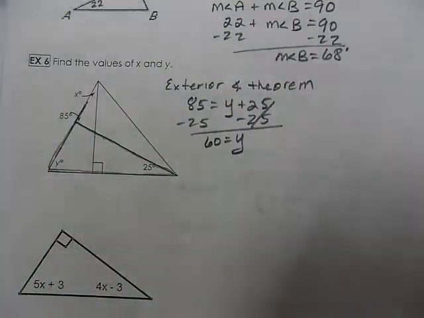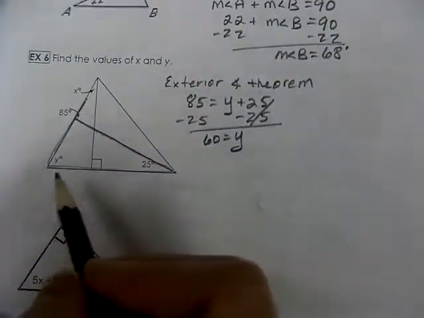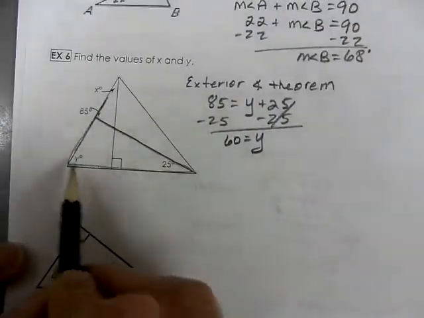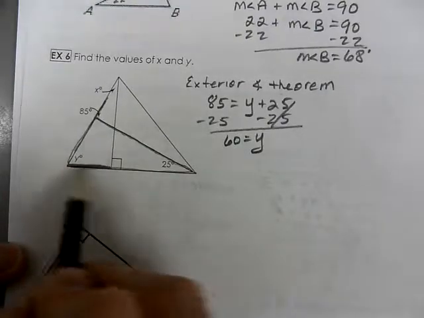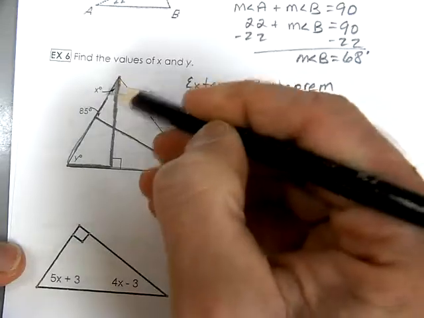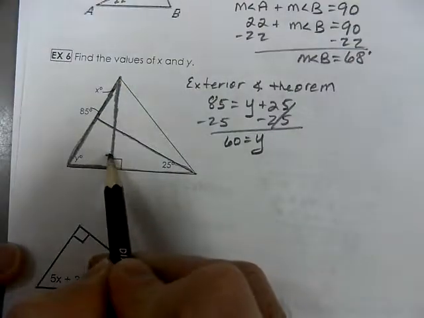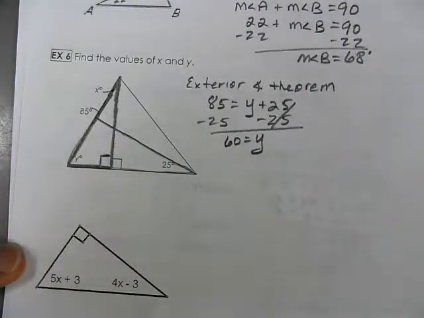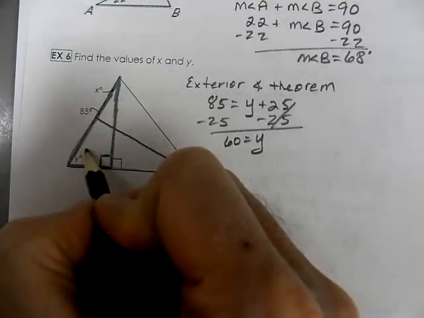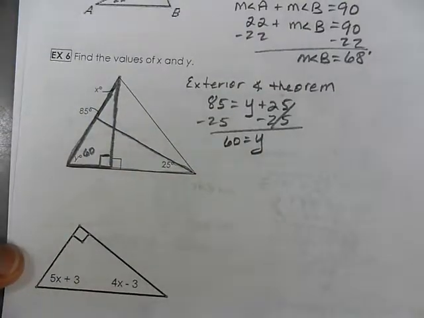So y is going to have to be 60 degrees. And then if we look here at that right triangle, we know that we have 60 degrees here. We're looking for the value of x.